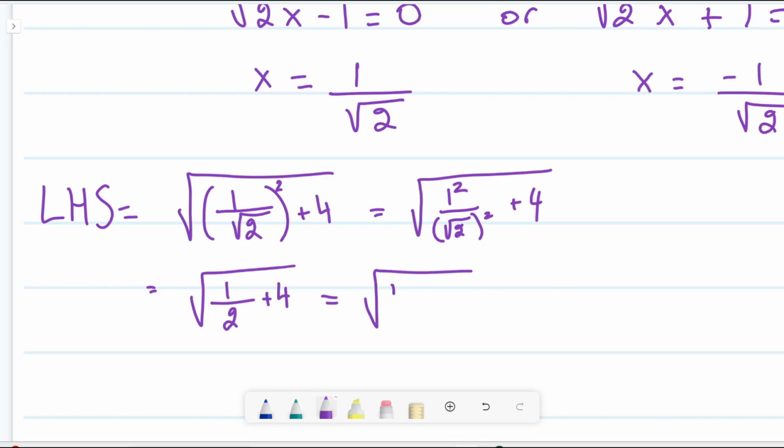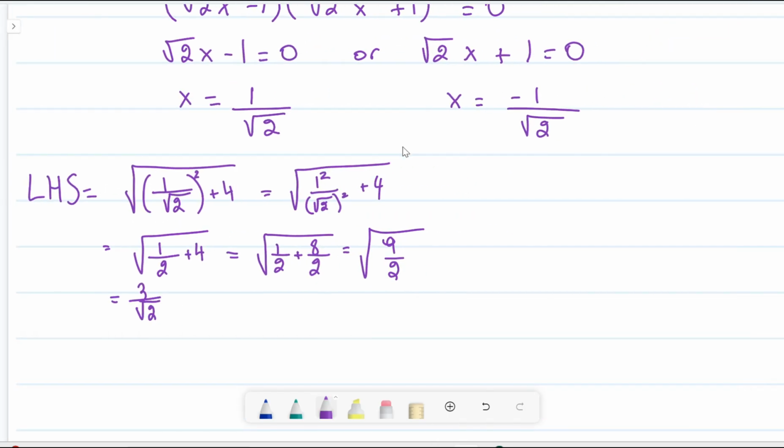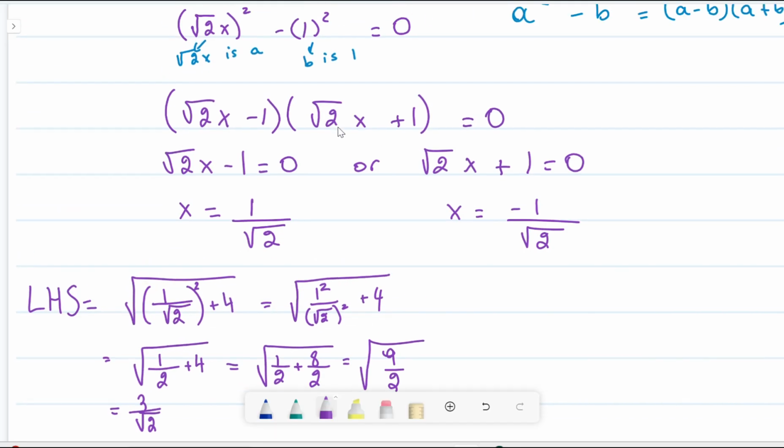We can have a common denominator, which is 2. So this gives us a square root of 9 divided by 2, which we can further simplify to square root of 3, which we can further simplify to 3 divided by square root of 2. This is what we get if we plug in 1 divided by square root of 2 in the left-hand side.